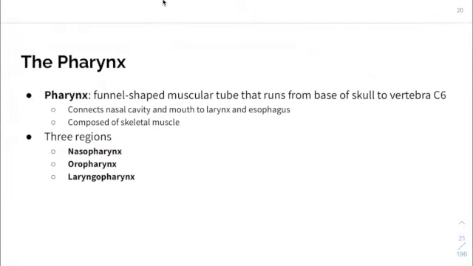Now, as we move back behind the nasal cavity, we get the pharynx. The pharynx is made of smooth muscle, and it runs from the base of the skull to the C6 vertebrae.